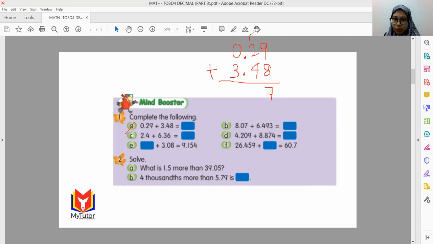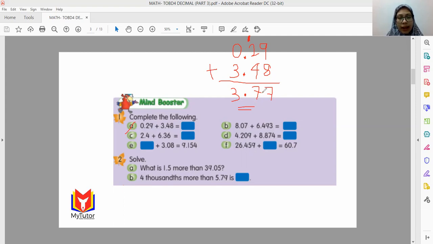We put 1 above the 2, and then we settle this part. 2 plus 4 is 6, plus 1 is 7. Again, decimals follow decimals, so put the decimal point here. 0 plus 3 is 3. So the answer is 3.77. Such a simple as that.